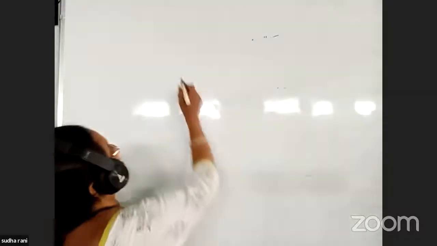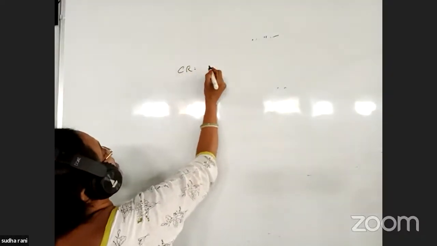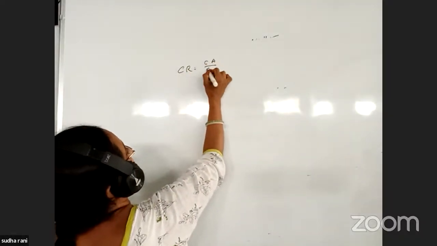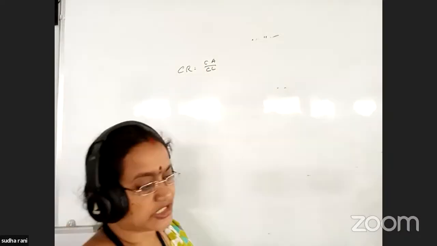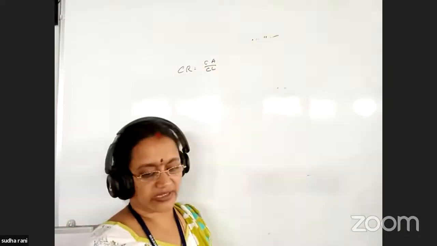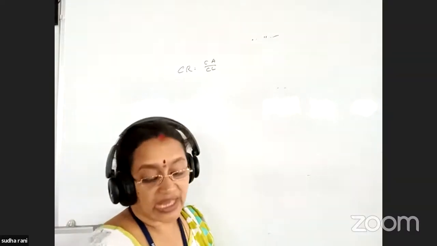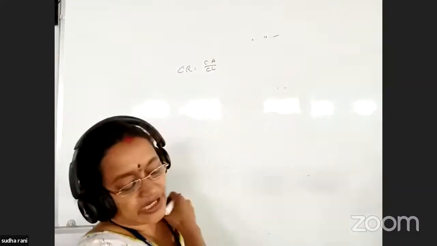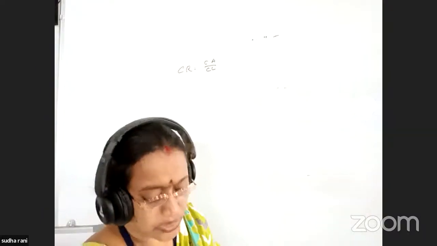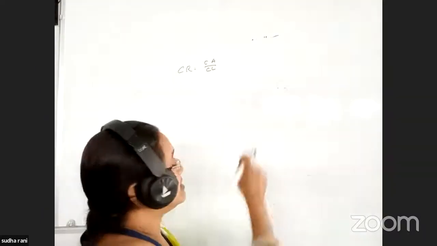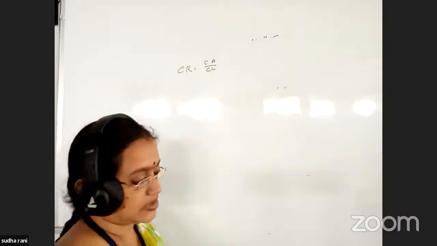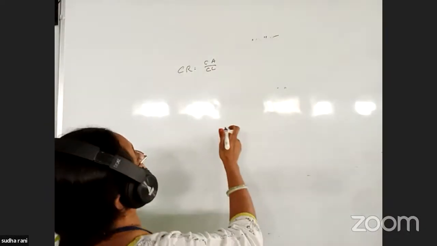Okay, let us calculate first the current ratio. How do you get it? Current assets by current liabilities. So you must know the list of current assets and the list of current liabilities. In the previous class, I showed you the company's annual report, and I told you there that you should remember these lists in order to do this ratio analysis.